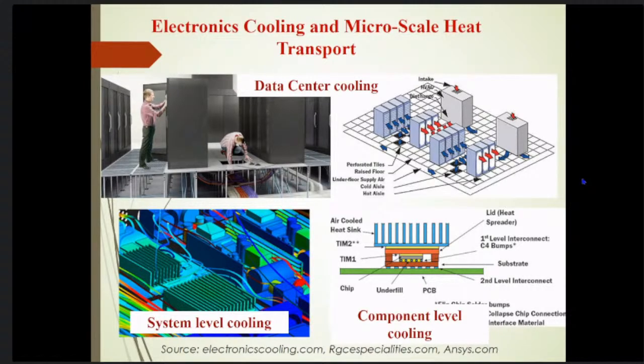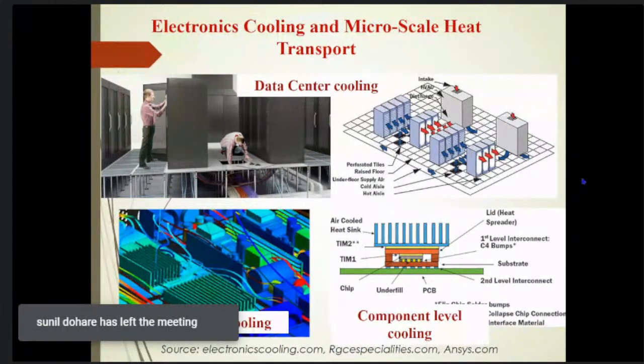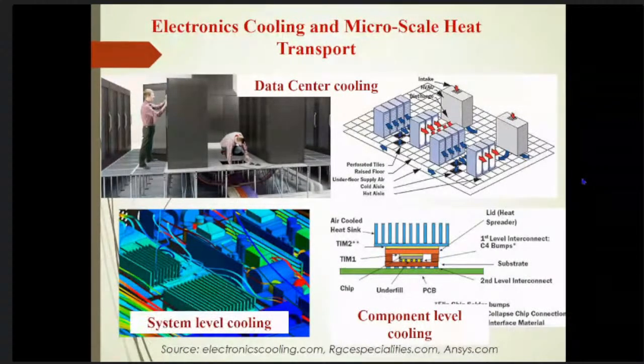The heat generated in the chip, and the chip is basically the processor, needs to be removed. How can we remove that heat from the chip surface to some outside environment? That is an entire process, and there are different ways of doing it. If it's just a small desktop computer, it is releasing the heat into the surrounding environment, which is our room, giving an additional load to our domestic AC system.